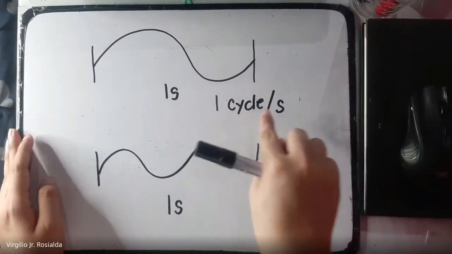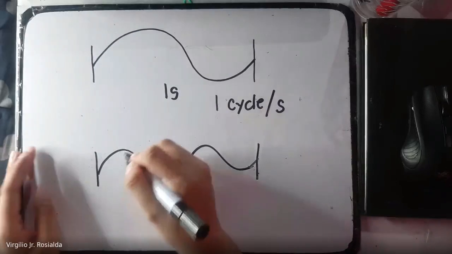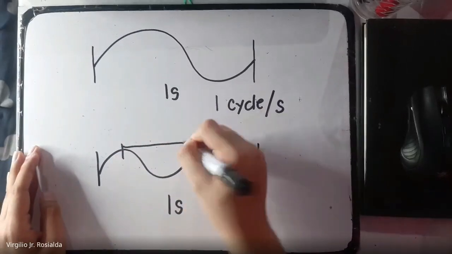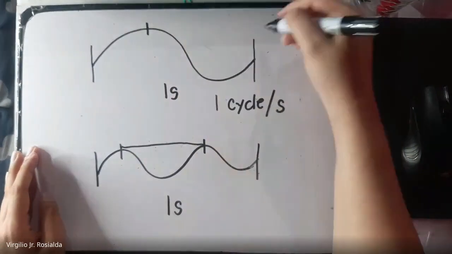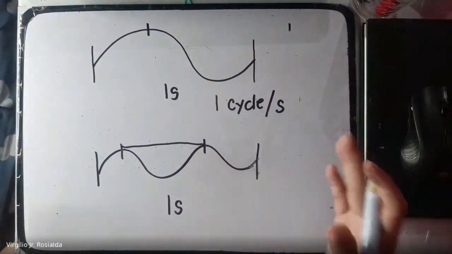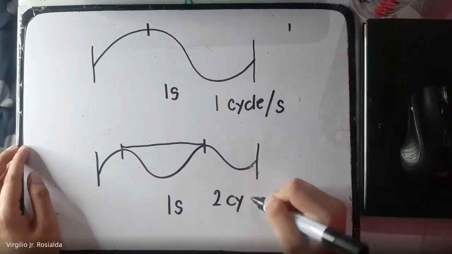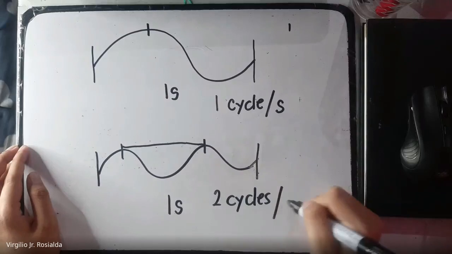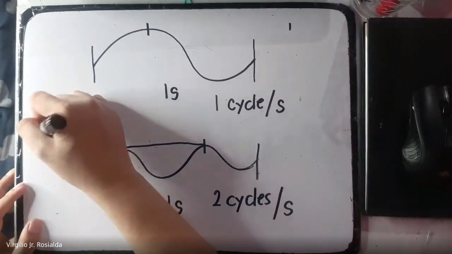So, 1 cycle per second. Okay? Here, kung makikita nyo, mas maliit yung wavelength niya. This one is the wavelength. Compare dito, medyo malayo yung wavelength niya. So, technically here, it has 2 cycles per second. So, ang frequency natin, that is how we define frequency.